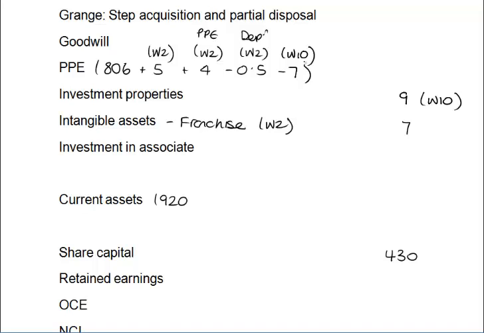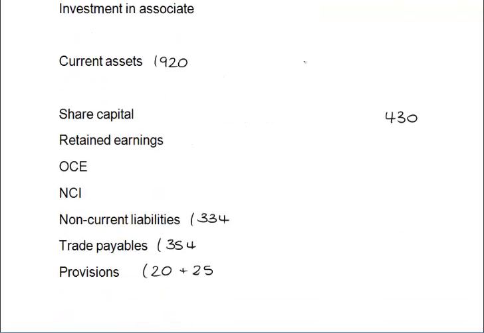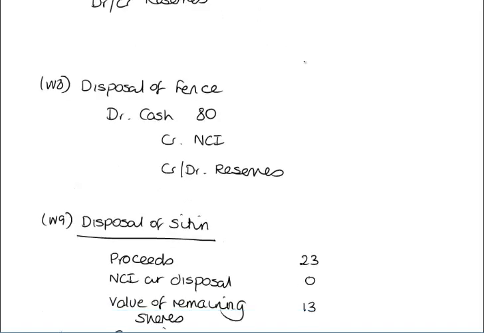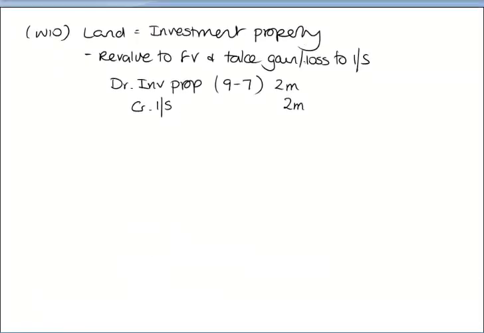Note 5. Grange anticipates it's going to be fined for environmental pollution. Now, you wouldn't have to do full discussion in the exam, but I'm just going to give this a little reminder. So here we're looking at the issue of pollution.